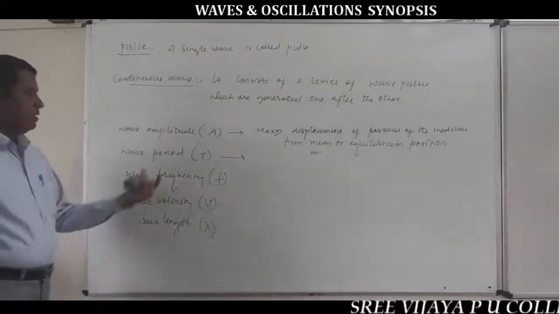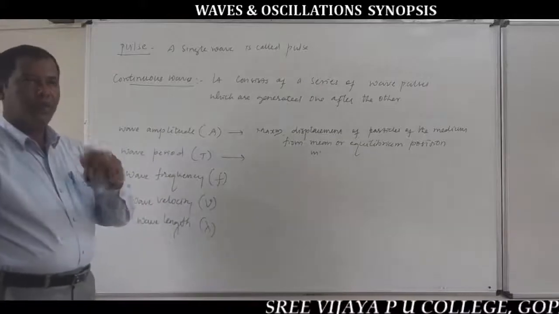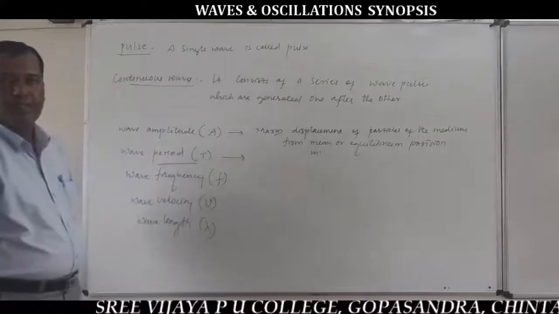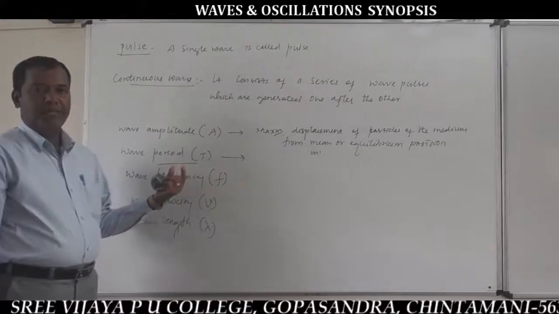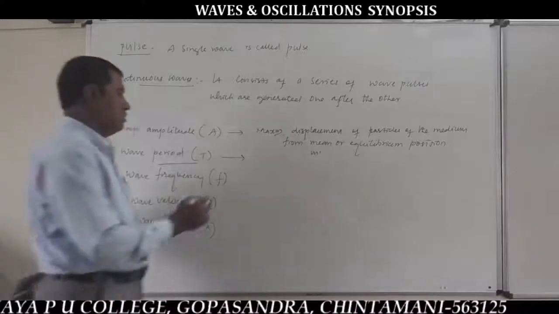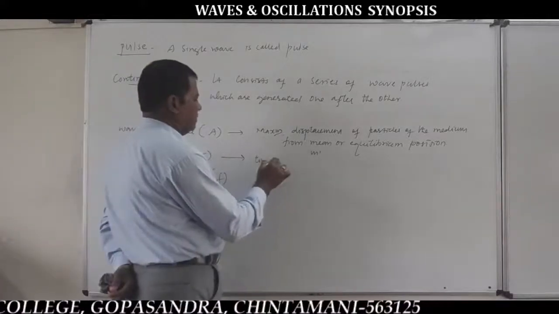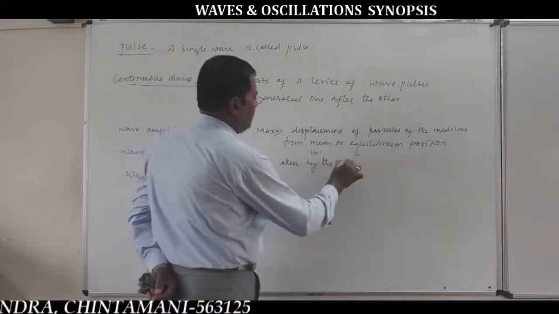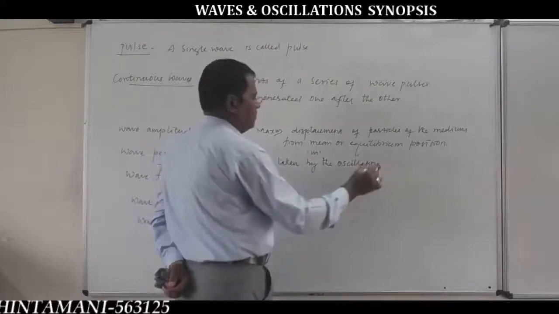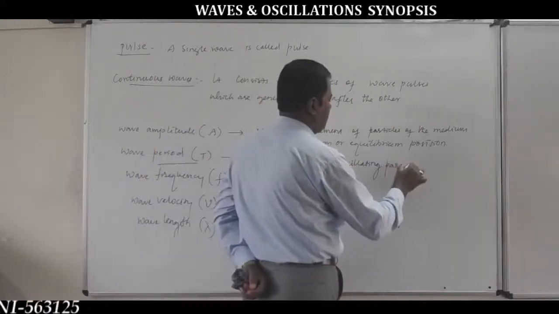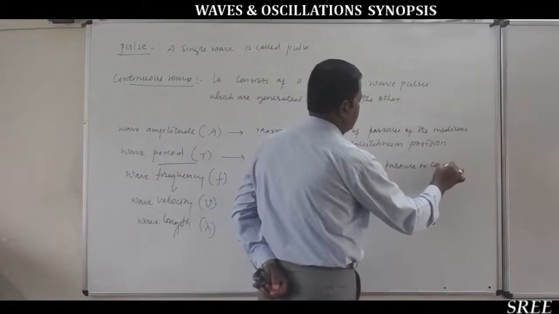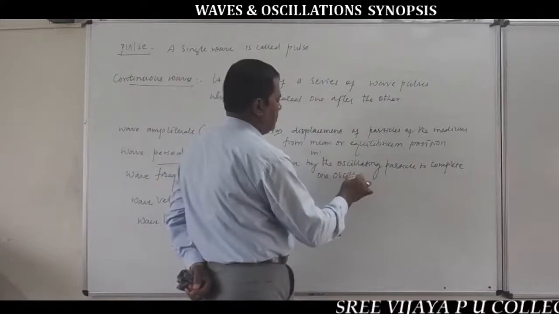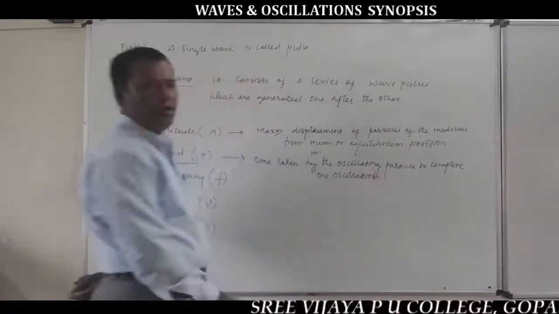Wave period. The time taken to set up one complete wave in a medium is called wave period. It is also defined as the time taken by the oscillating particle to complete one oscillation.